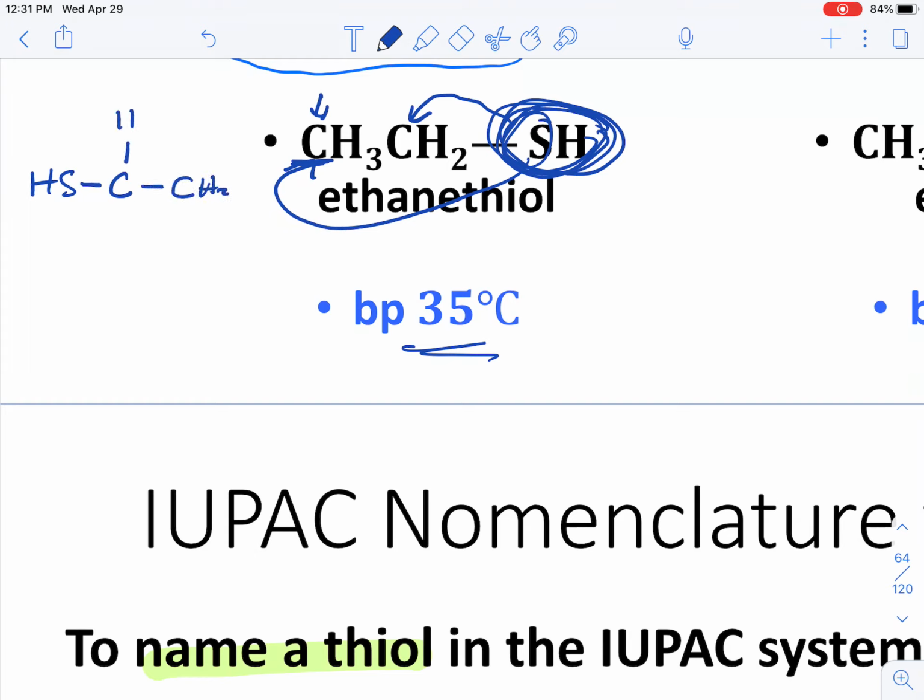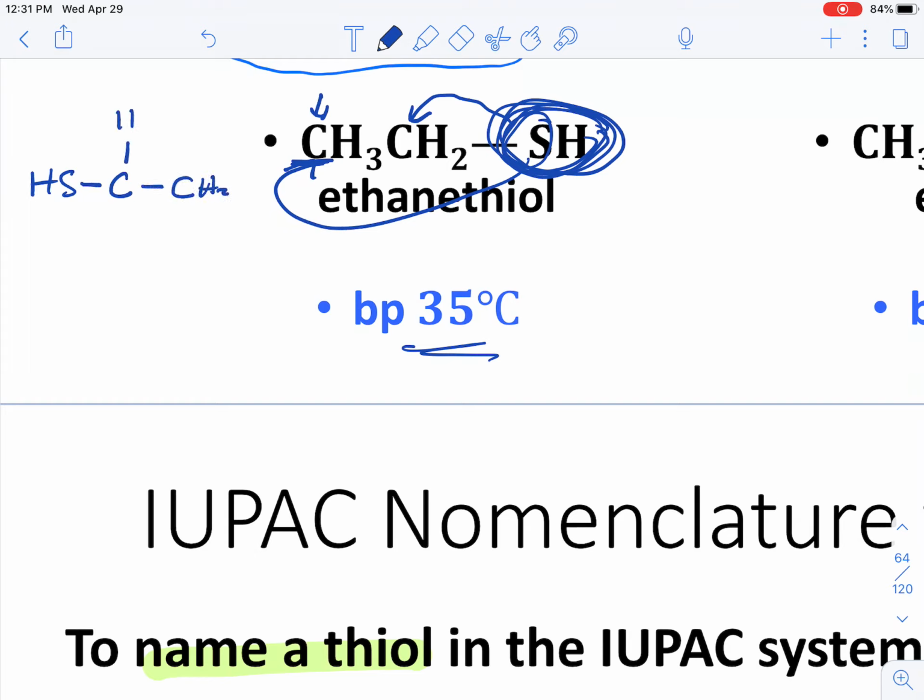So long story short, I'm going to erase all my scribbles here. If you're looking at this structure of ethane thiol, and this structure of ethane thiol, they're both the same. And so technically, there's only one way to place a sulfhydryl group on an ethane.